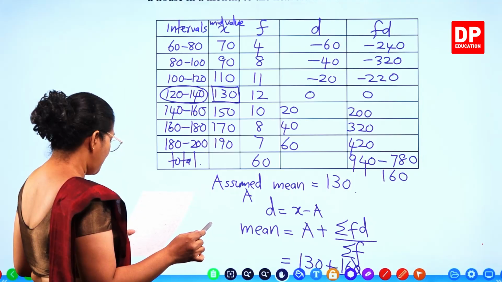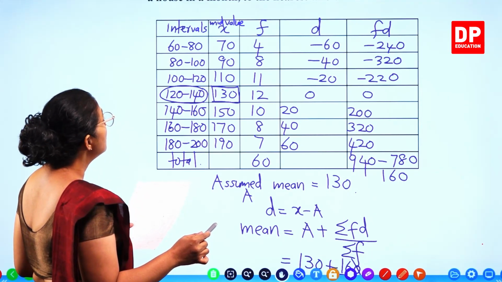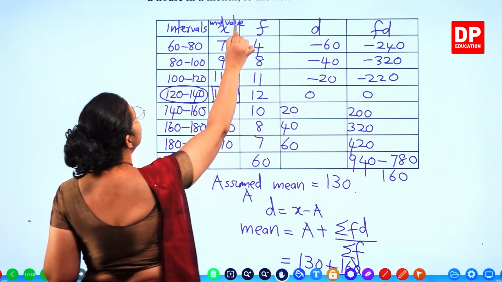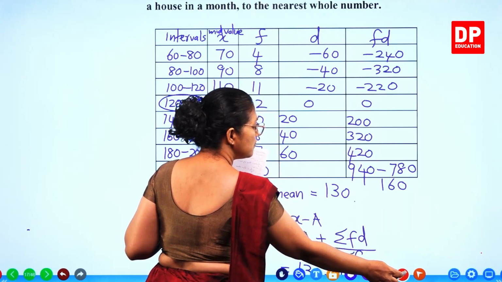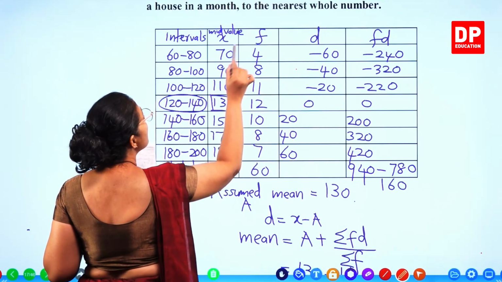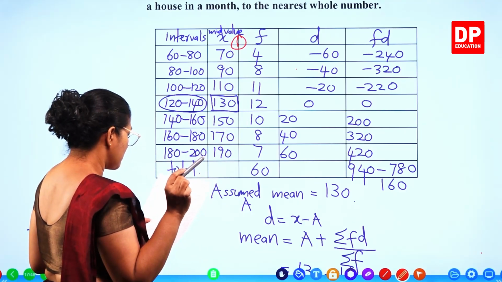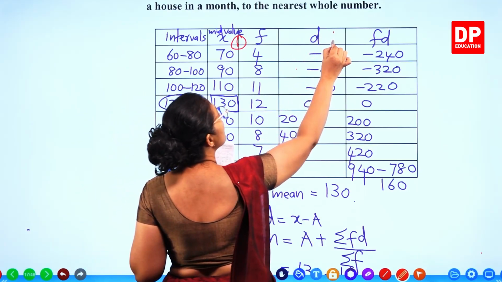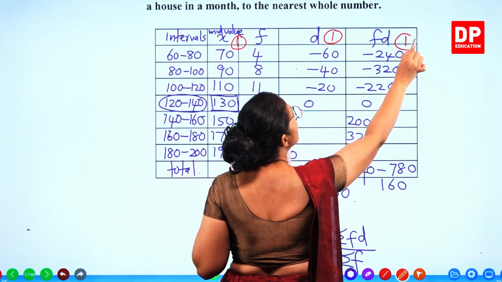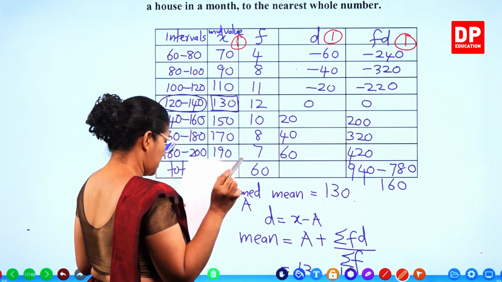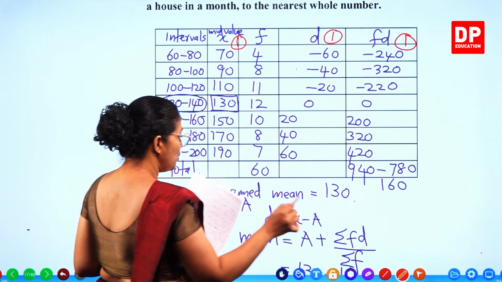So let's see how many marks we can give for this one. We can give 1 mark for finding the mid values. And then 1 mark for the d values, calculating the deviations, and 1 mark for fd. So 3, and calculating the mean value 1 mark.